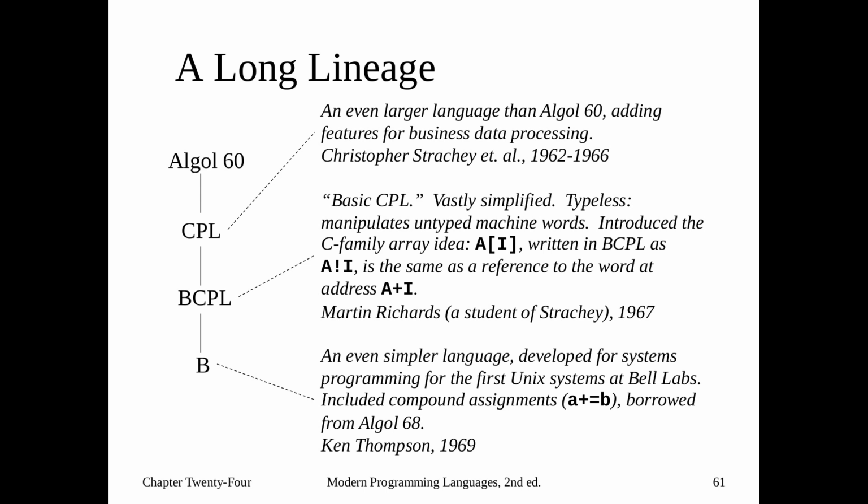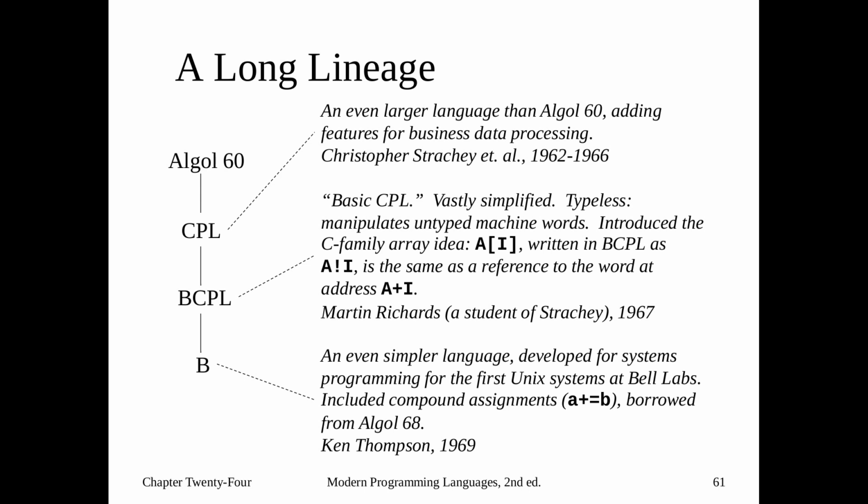So going back to this, CPL was the language that was larger than Algol 60 and had a bunch of features for data processing. But then they simplified it down to basic CPL. So they made it typeless, manipulating untyped machine words, and introduced the C family array idea, where you have the A with the brackets and then an I written after it, right?